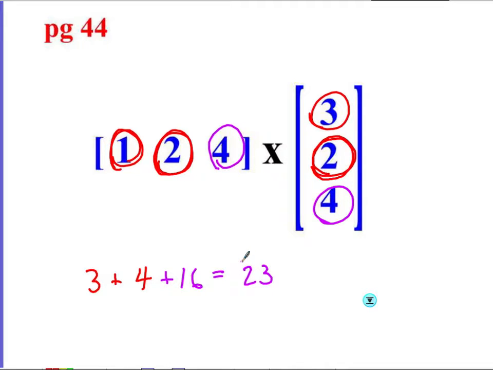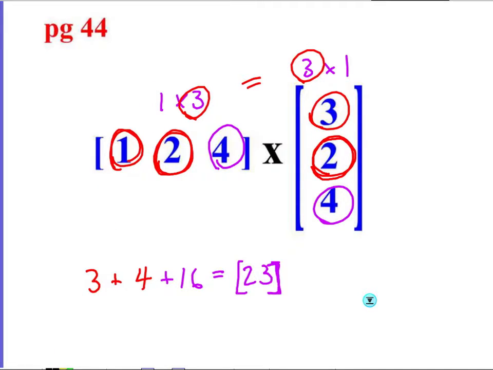Now, this is my answer. So let me write the dimensions again. I have 1 by 3 and 3 by 1. Now there's something special about, well, we circled the 3's. They have to be equal to each other in order to multiply. But there's something special about the outer numbers.